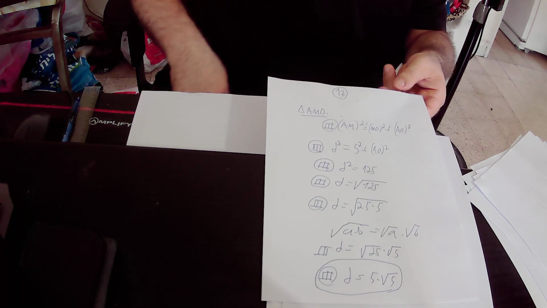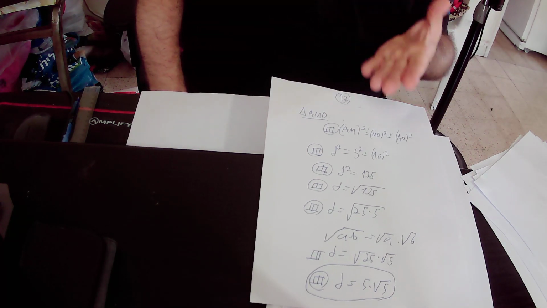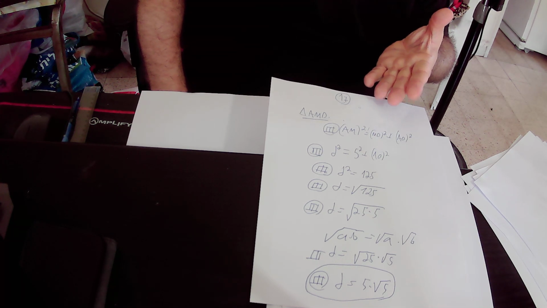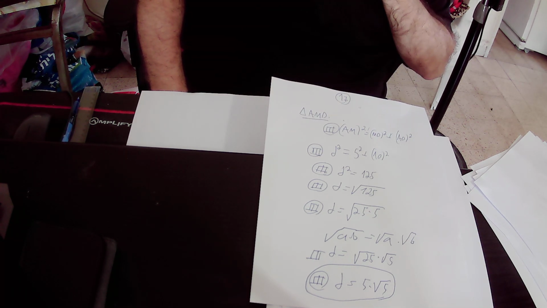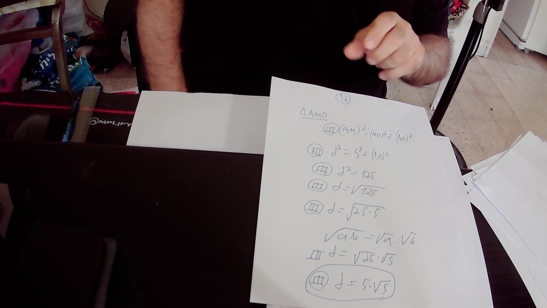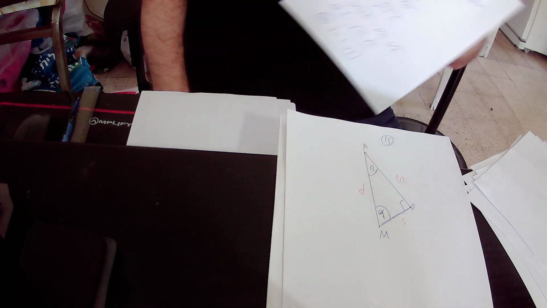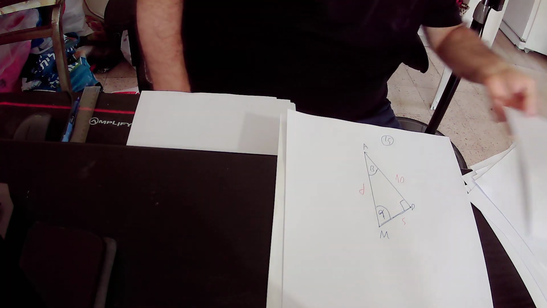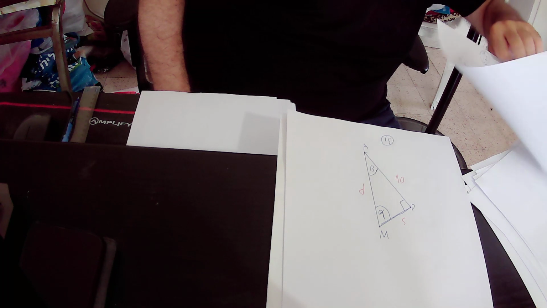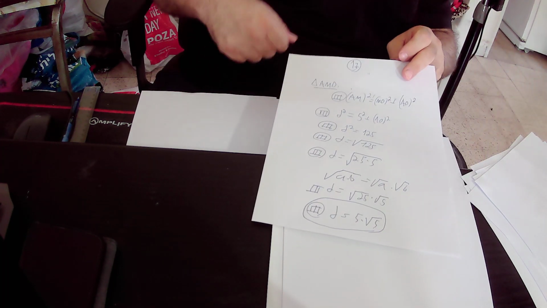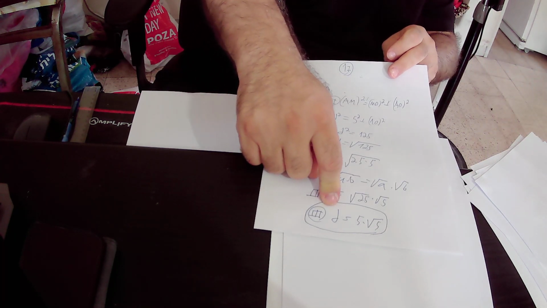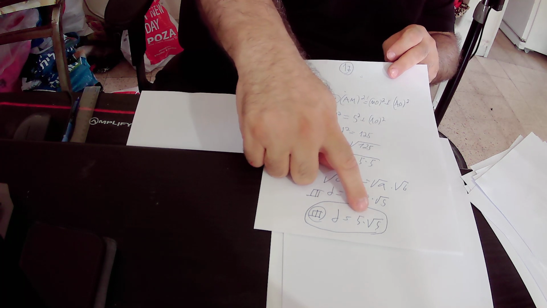So we can put the data inside the equation, and we got the final answer that D, the diameter of the circle, equals 5 times root 5.